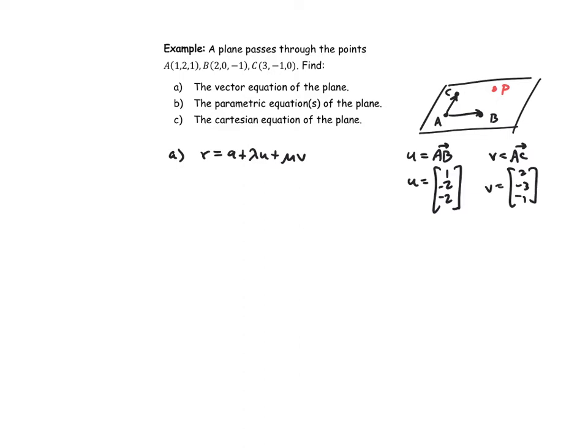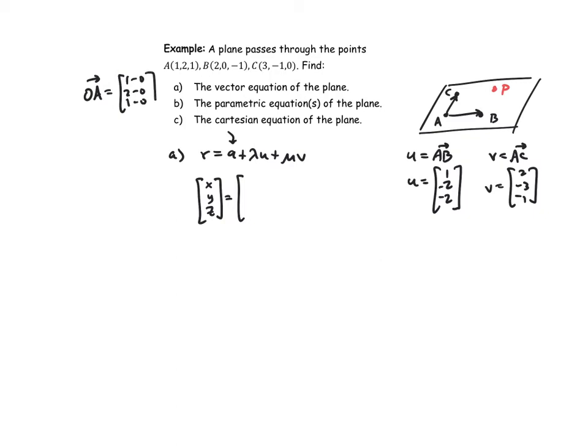Okay, now R is the coordinates of P, right? So R is going to equal x, y, z, which will be equal to the points of A. This vector A is really from the origin up to A, and the origin up to A will be the points of A minus the points of the origin.